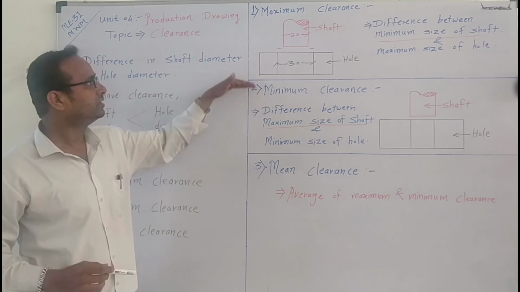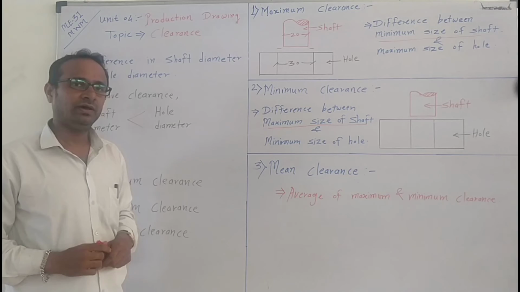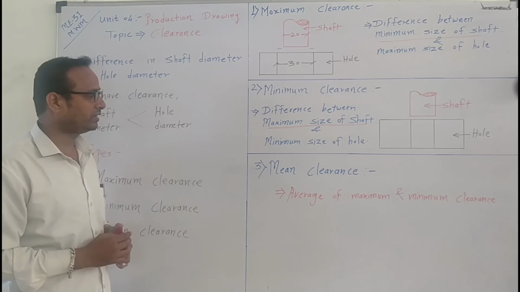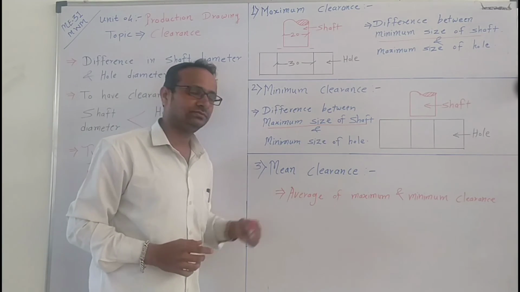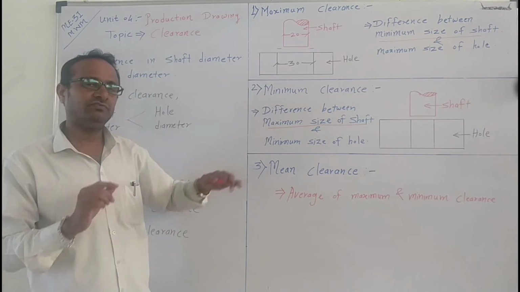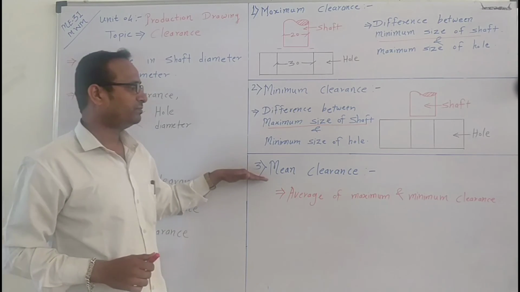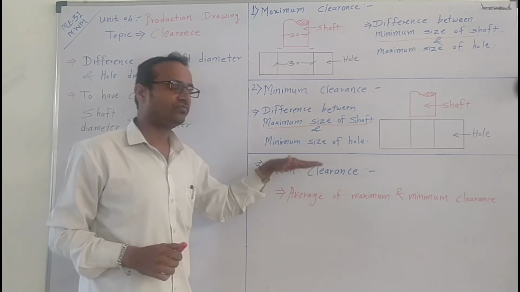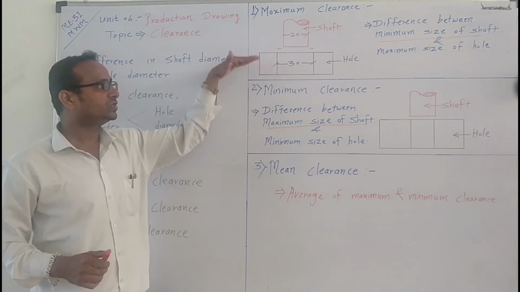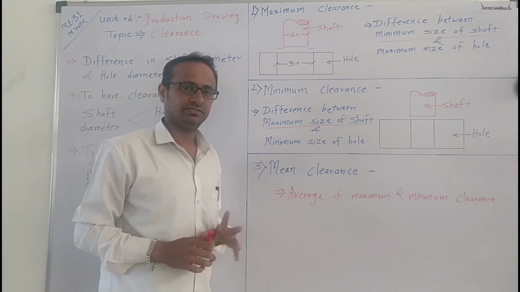If you calculate both the clearances, that is maximum as well as minimum, and after that you have to calculate the mean clearance, then just take the average, means the addition of these two divided by 2. The average of these two is nothing but the mean clearance.